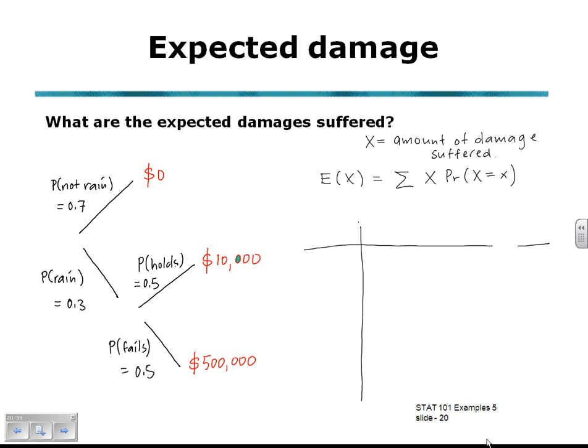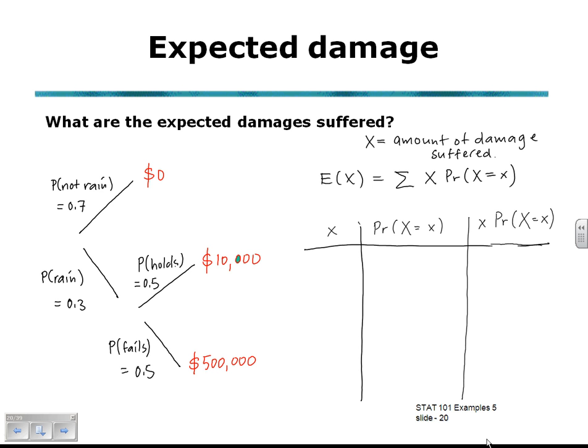The first column will be our values of x, the amount of damage suffered, what values can x possibly take. The second column will be the probability our random variable is equal to the little value x. And the third column for our x times its probability. Our values of x, what values can x possibly take?